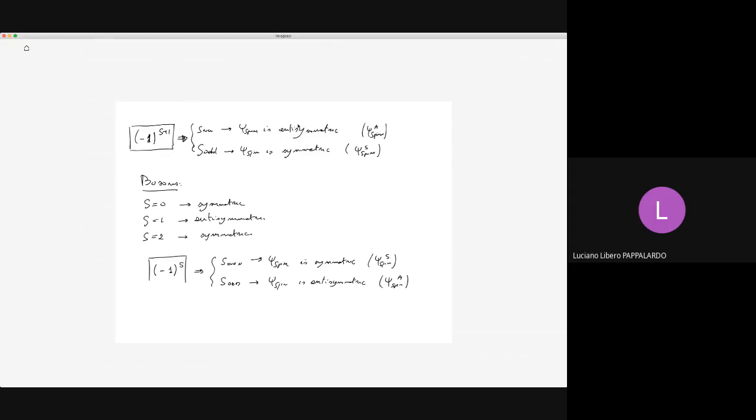And for bosons, it's (-1)^S. So we can now put everything together. We can put the spatial and the spin component together in order to determine what the symmetry of the total wave function must look like. Let me go now back to the slide.